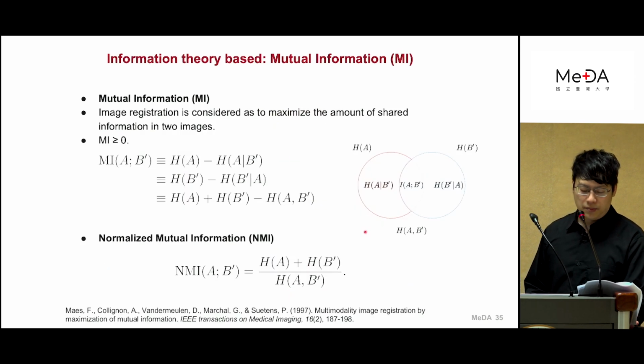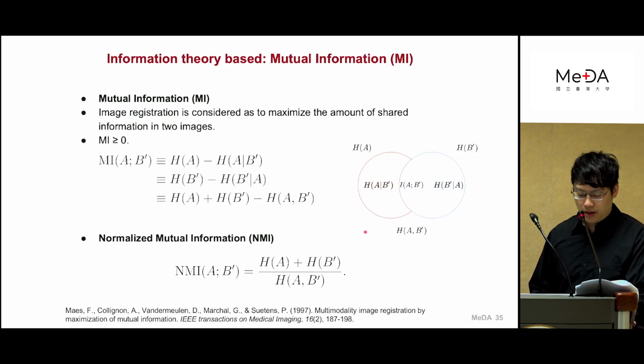Now, based on entropy and joint entropy, we can compute mutual information. Please refer to the figure here. H of A represents the entropy of image A. H of B prime represents the entropy of image B prime, and H of A B prime represents the joint entropy of image A and B prime.